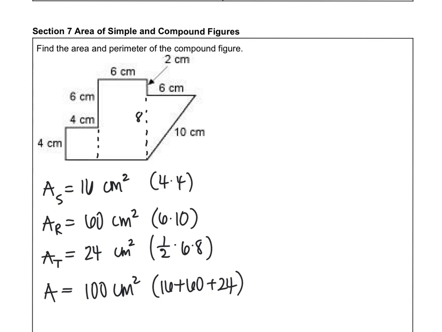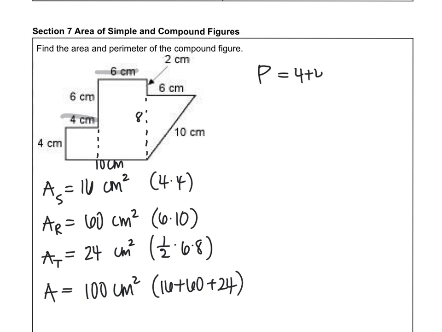Now I want to make sure for my perimeter I have everything labeled. So 4, 4, 6, 6, 2, 6, 10. So the only thing that's not labeled is this bottom part, which if I look is comprised of this 4 and 6, which means it has a length of 10 centimeters. So my perimeter is just adding them all together.